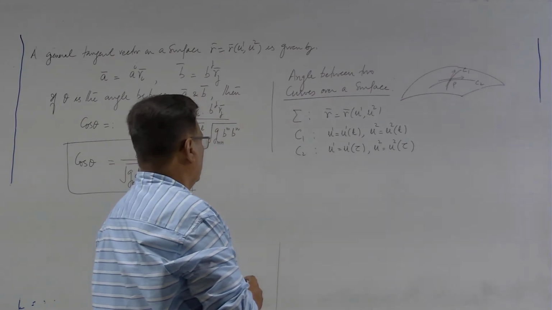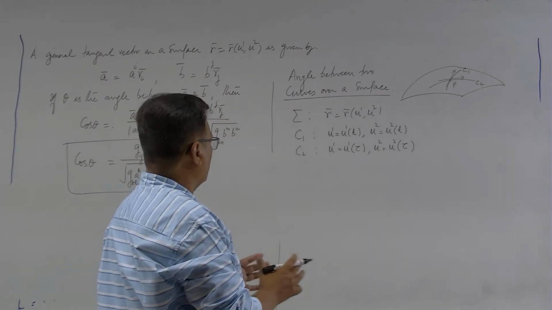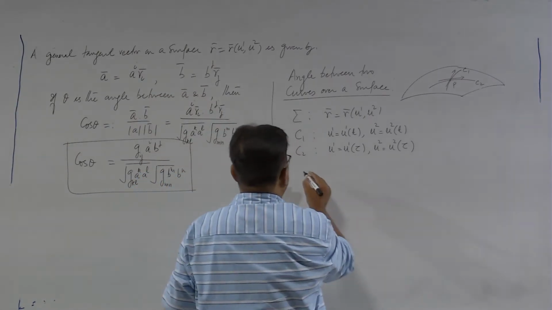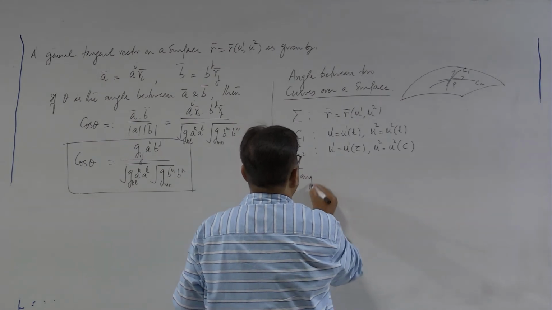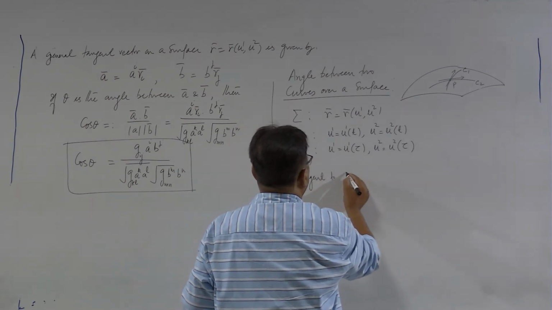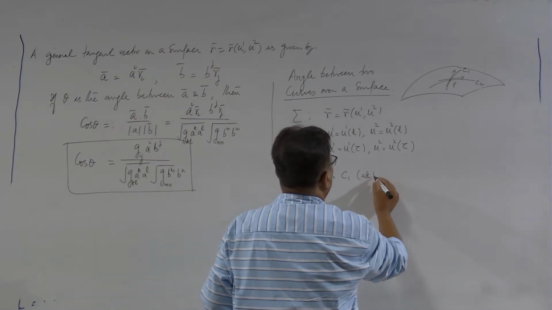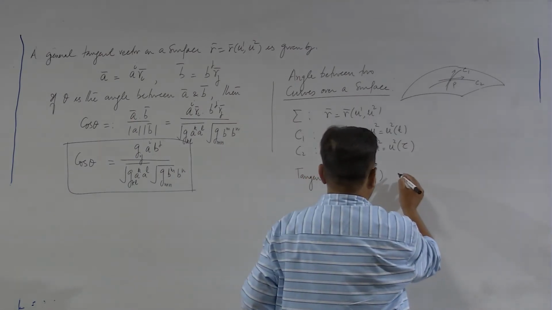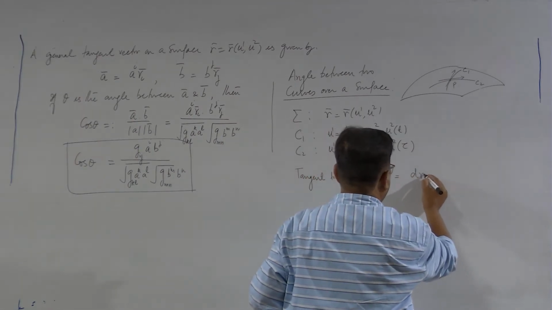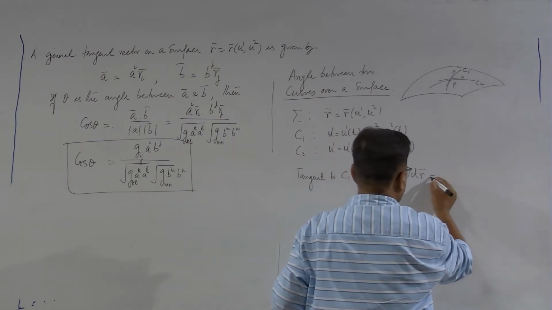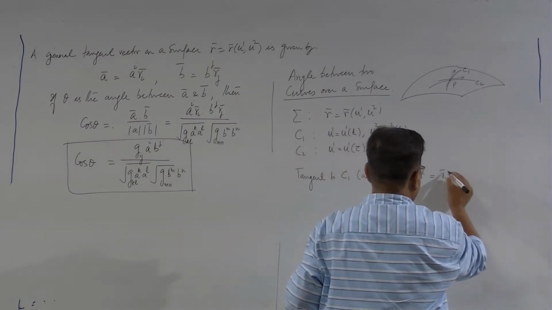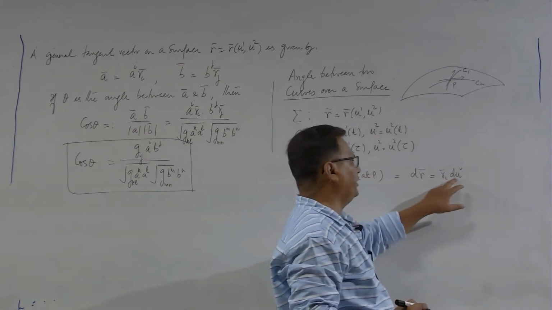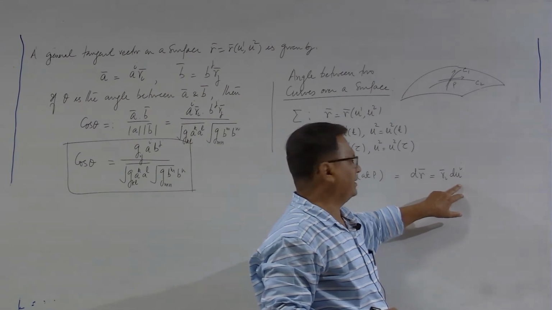Okay. Now, let us fix up, because the tangent vector will be dr over dt. So, tangent to C1 at P, P is the point of intersection I have told you, is equal to, let us call dr, it will be some r_i du^i upon dt, but that is understood.